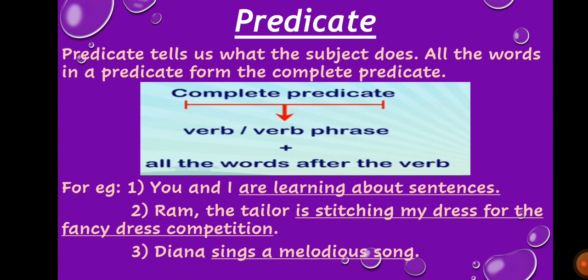So a complete sentence has two parts, that is subject and predicate. We have to first identify subject and then we have to identify the predicate. Predicate means the rest of the sentence after the subject, and complete predicate means verb or verb phrase plus all the words after that till the full stop.